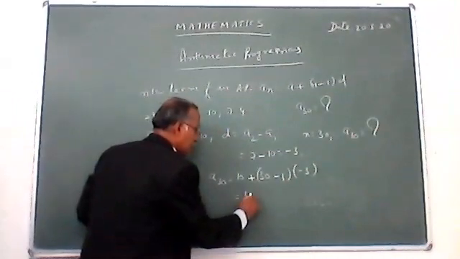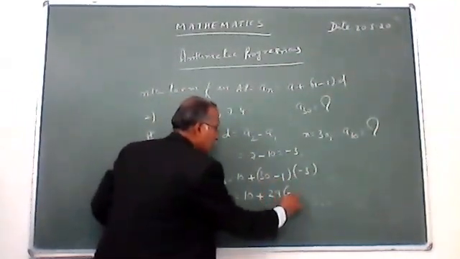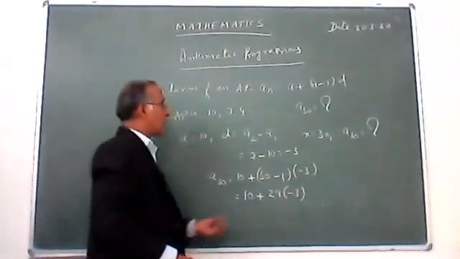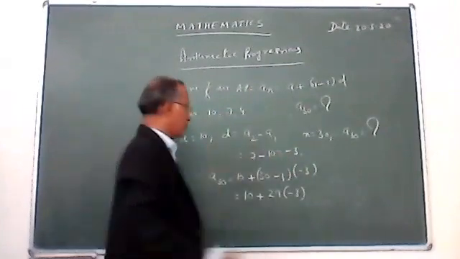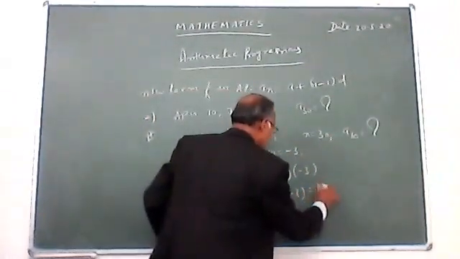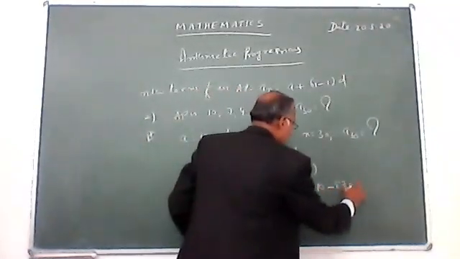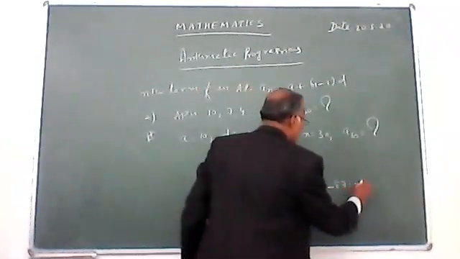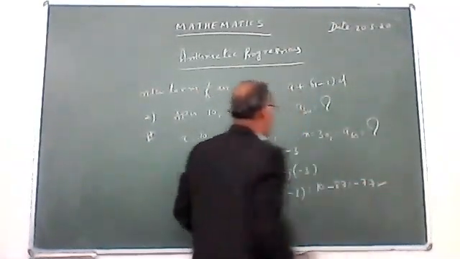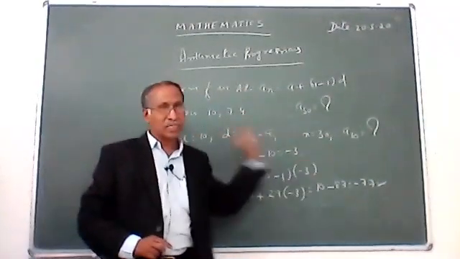This is equal to 10 plus 30 minus 1 is 29, into minus 3. Be careful. The common difference is not 3. It is minus 3. This is equal to 10 minus 29 threes are 87, which is minus 87, plus 10 gives us minus 77. Now we say that the 30th term of this AP is minus 77.